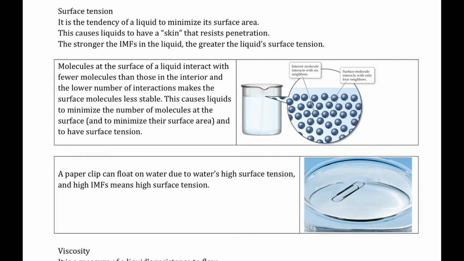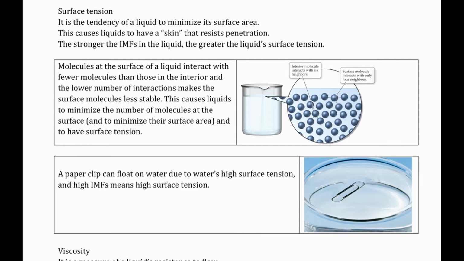And we have the diagram on the right and words with it. Molecules at the surface of a liquid interact with fewer molecules than those in the interior. So look at the molecule on the surface. We see it shown interacting with 4 other molecules, whereas the molecule in the middle is interacting with 6 other molecules.